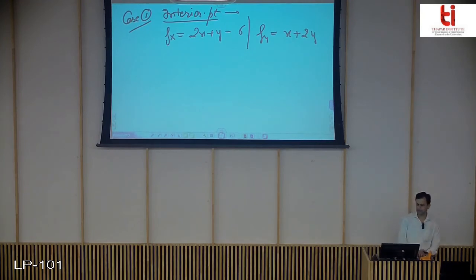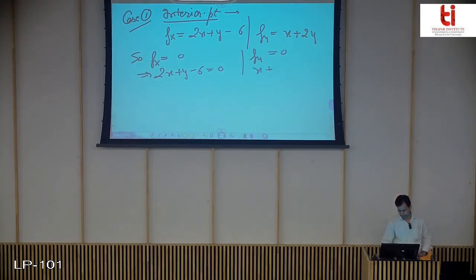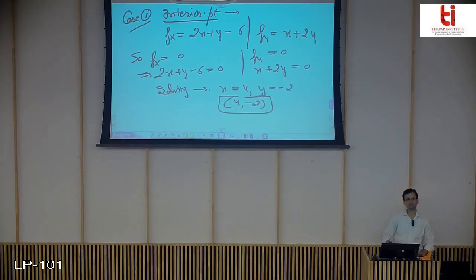So fx equals 0 implies 2x plus y minus 6 equals 0, and fy equals 0 means x plus 2y equals 0. Solving these two equations simultaneously, you get x equals 4, y equals minus 2. You got the point (4, -2).